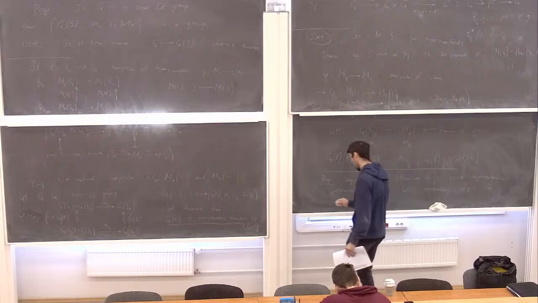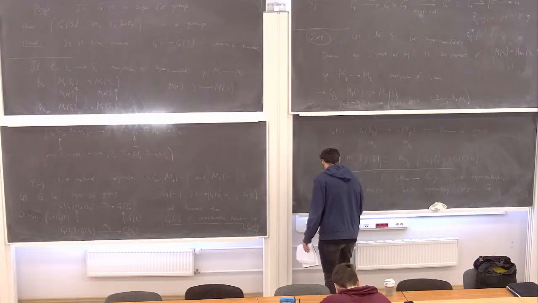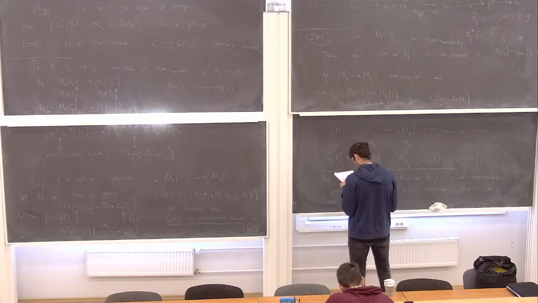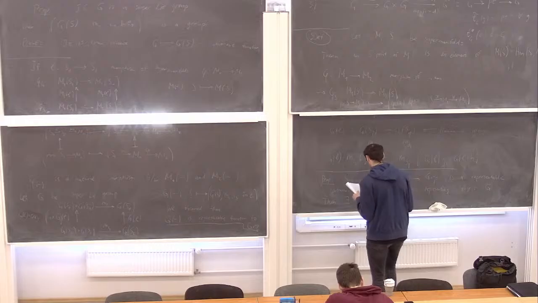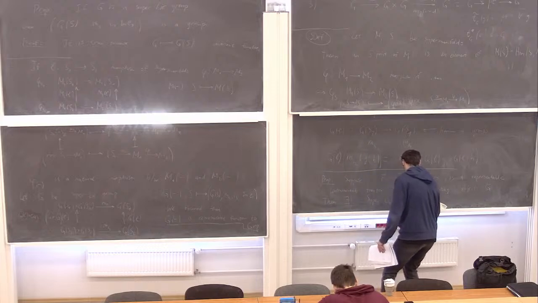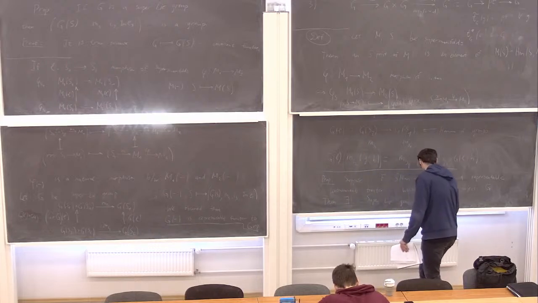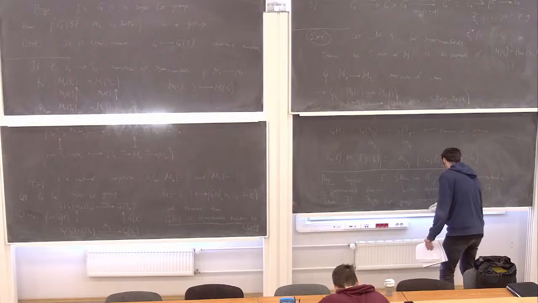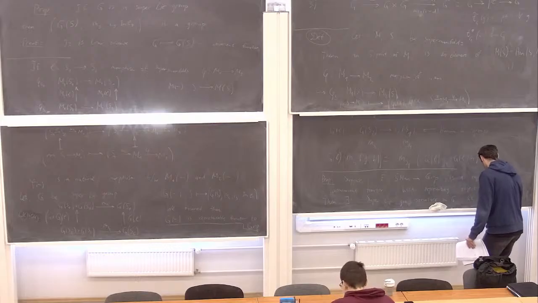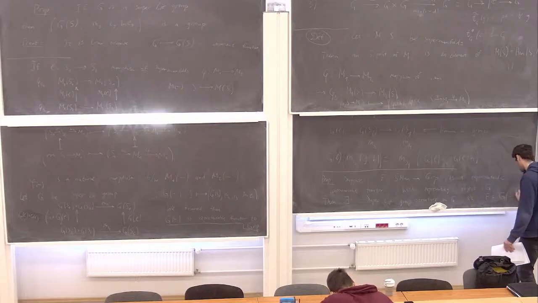Then I claim there exists unique super Lie group structure on G such that my functor is really this functor.